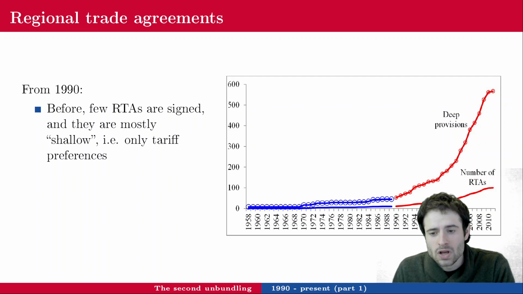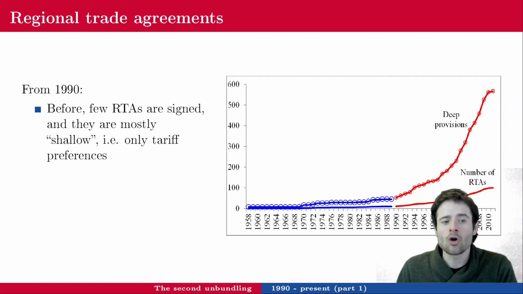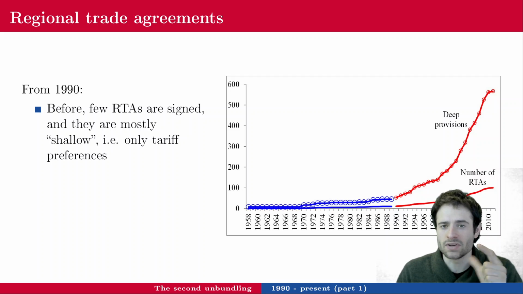So, starting in 1990, most RTAs were what we call shallow. So it's really just about tariffs. Decrease your tariff on steel, decrease your tariff on corn, on wheat, and so on. Just so that firms could exploit their comparative advantage and could sell their goods abroad.